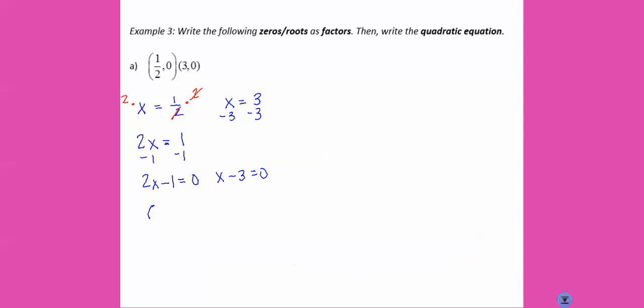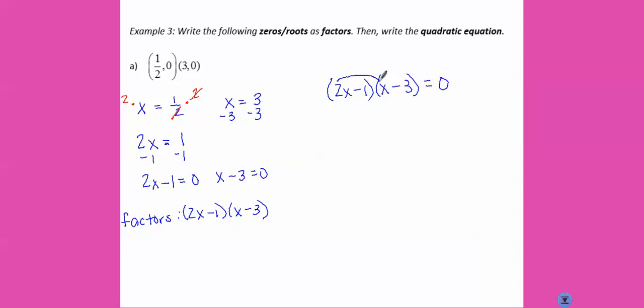So my factors are 2x minus 1 and x minus 3. To get the equation, take 2x minus 1 times x minus 3, set it equal to 0, and double distribute. So 2x times x is 2x squared. 2x times negative 3 is negative 6x.